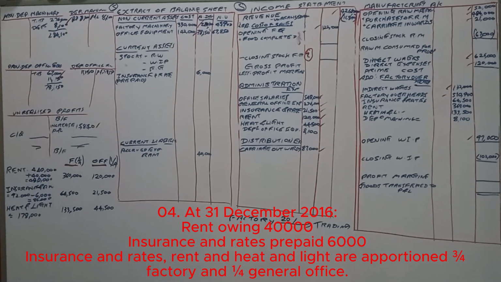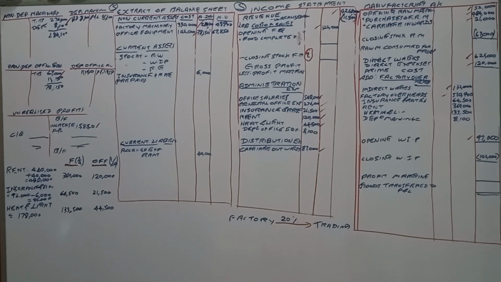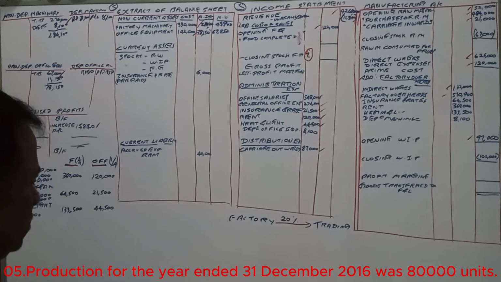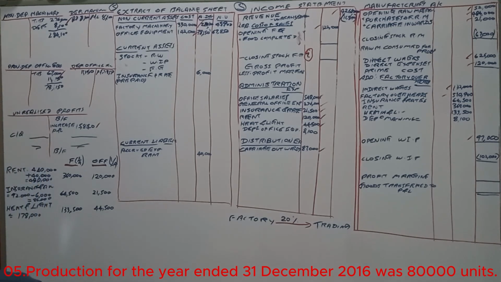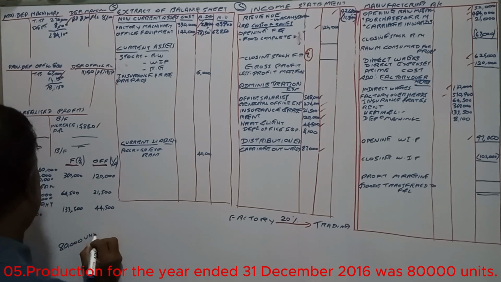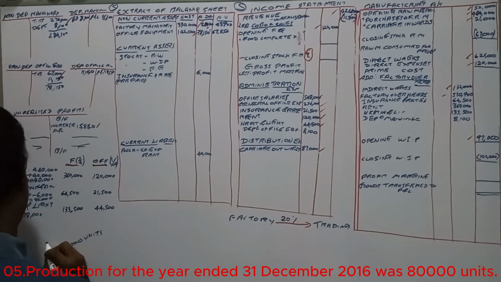Okay, then what they say is rent and rates. Production for the year ended 31st December 2016 was 80,000 units produced.